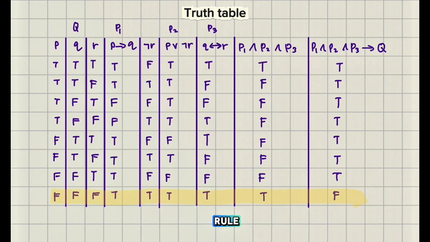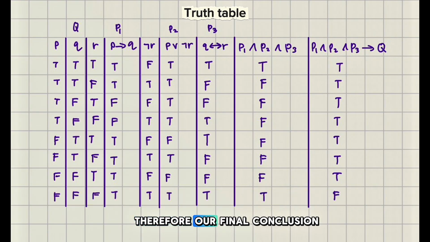However, in the last row, all the premises P1 and P2 and P3 are true, but the conclusion is false. According to the implication rule, when true premises lead to a false conclusion, the whole statement becomes false. Therefore, our final conclusion is false in this case.